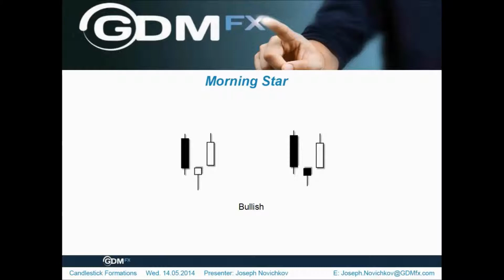When it occurs in the bottom of a downtrend, we are absolutely sure that this is our Morningstar signaling that the price is going to change to the upside. Now, there are 2 different bullish Morningstars.